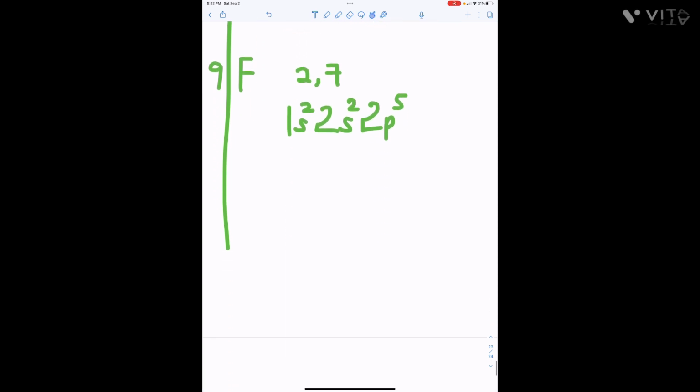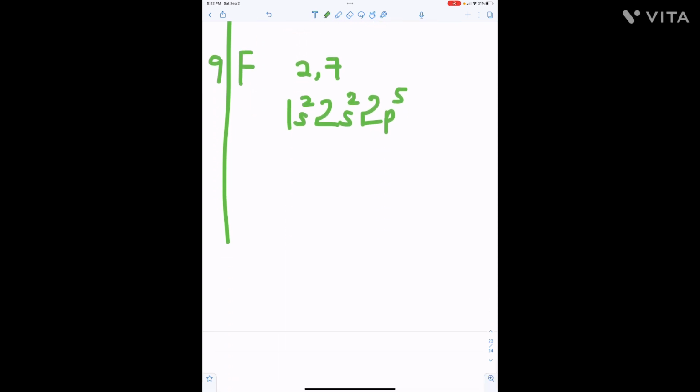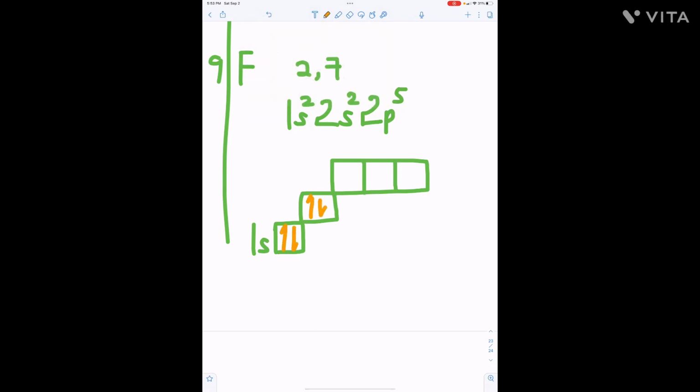So that's the quantum electron configuration of fluorine. 1s, 2s, and 2p. Let's try and make it beautiful. So 2 electrons here, 2 electrons here, then 1, 2, 3, 4, 5.